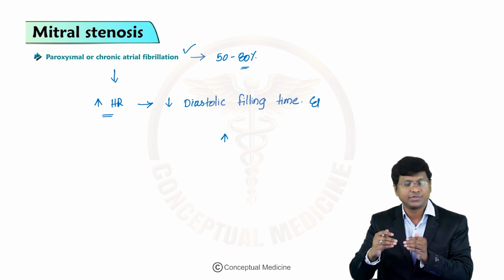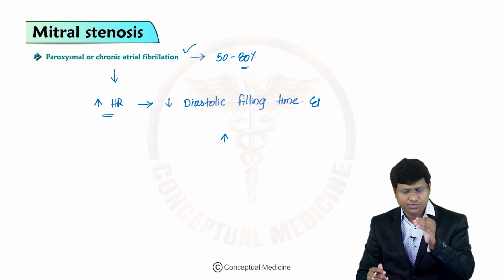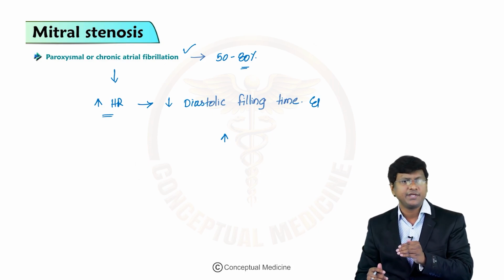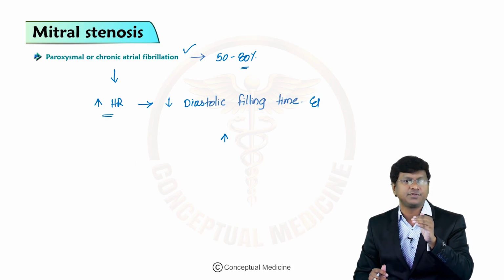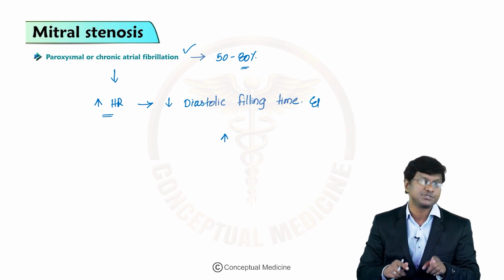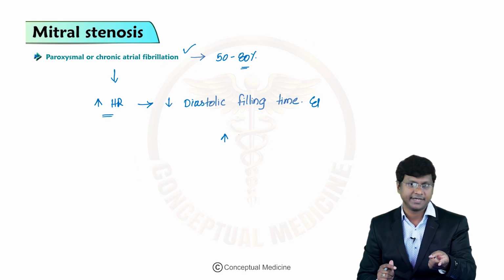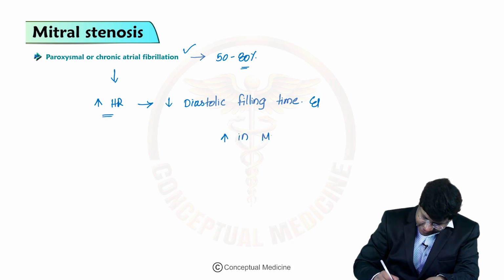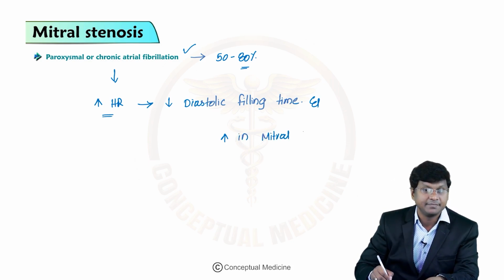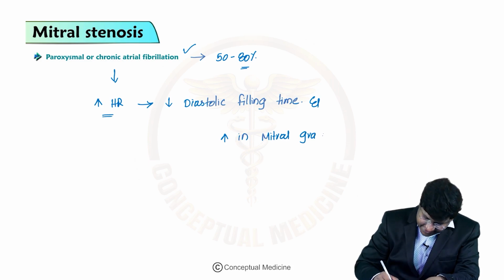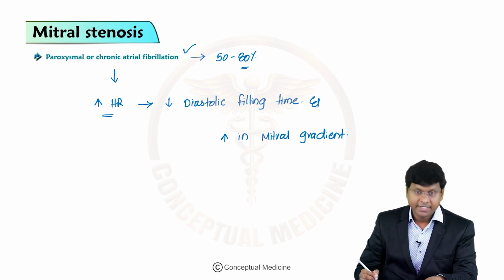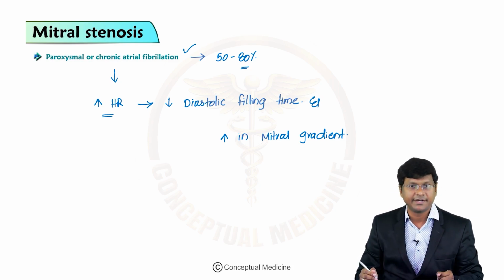Once the diastolic filling time is decreased, the quantity of blood moving from the left atrium to the left ventricle will be reduced, and thereby there will be increase in the mitral gradient.